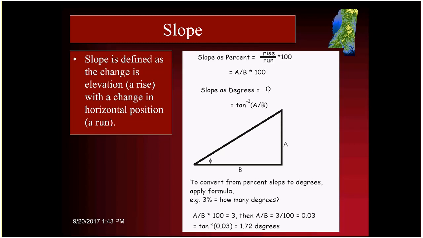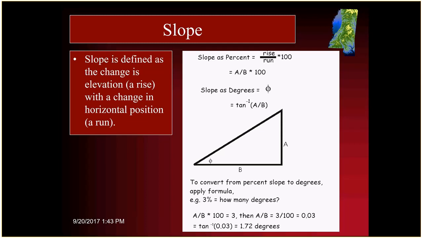What's this angle right here? 90. If this is 90 and these two are equal, which they would be if this was 1 and that was 1, they would each be 45. But you could calculate it out and it would work.